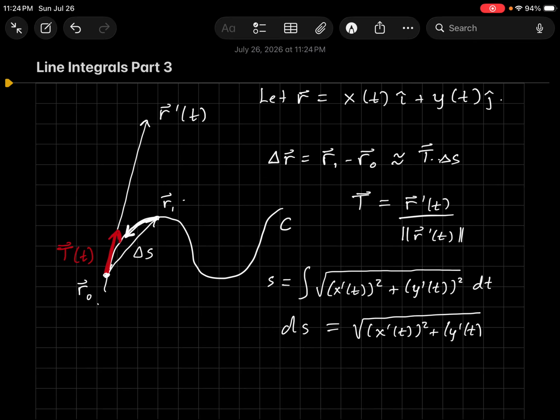All right, so ds/dt equals this, and then I'm just going to multiply the dt over on the other side. But recall that ds therefore is equal to the magnitude of r prime of t dt.